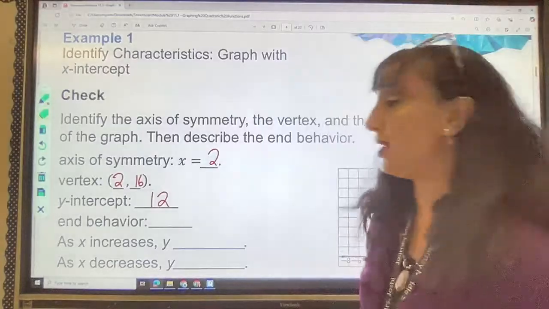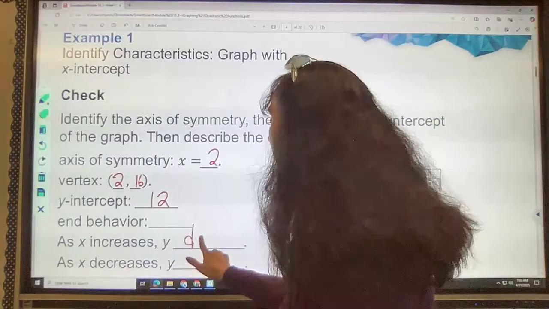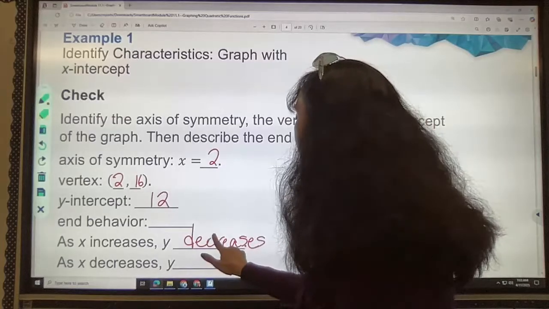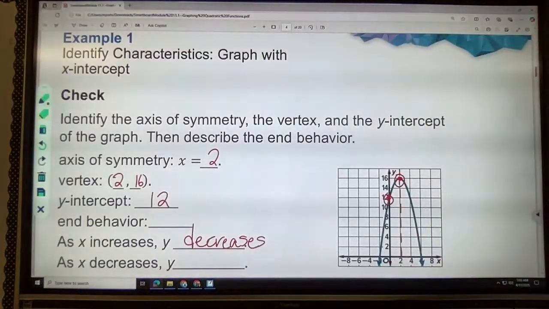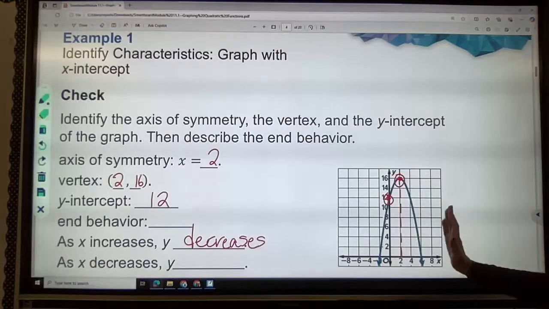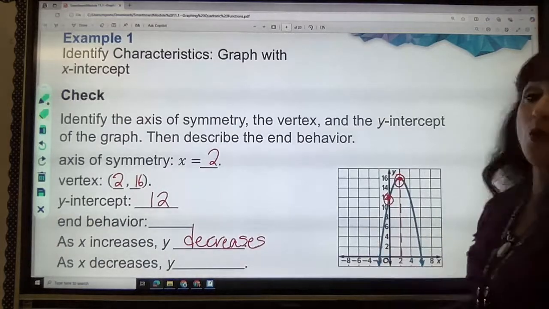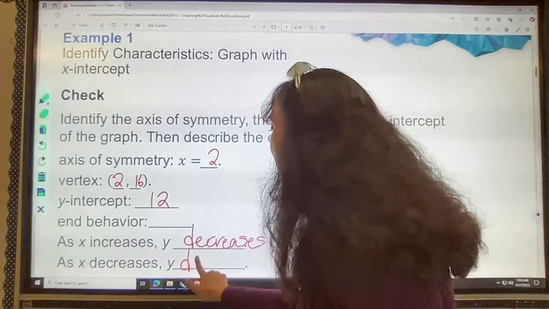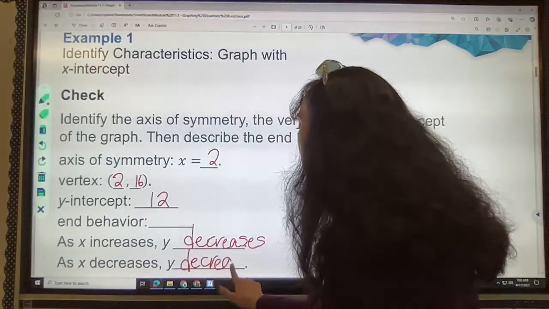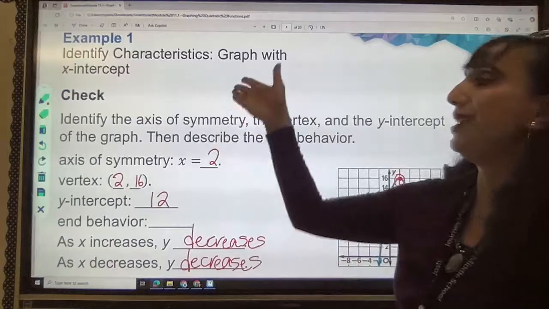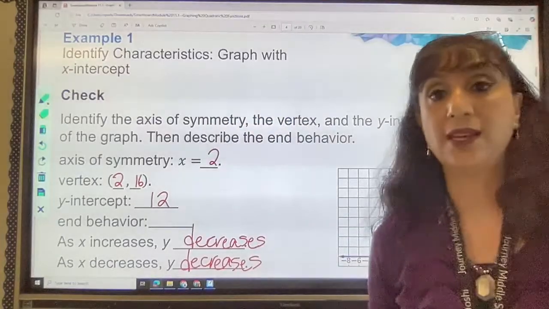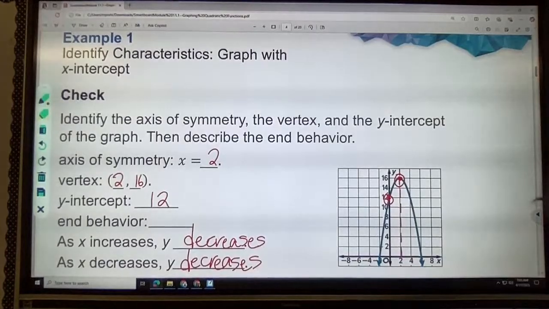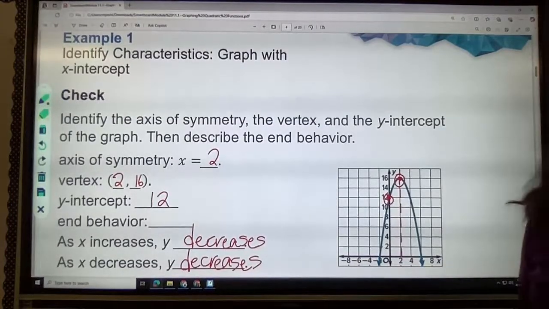Y is decreasing. Then let's look at what happens as x decreases. As x is decreasing, y is also decreasing. So as x decreases, y also decreases. These are the characteristics of this quadratic equation.